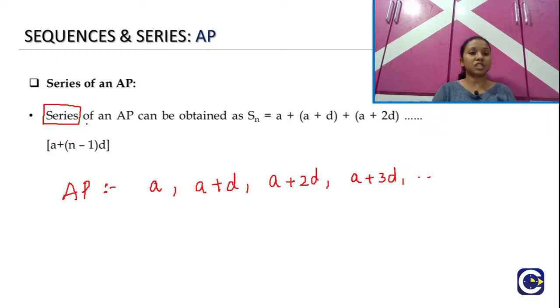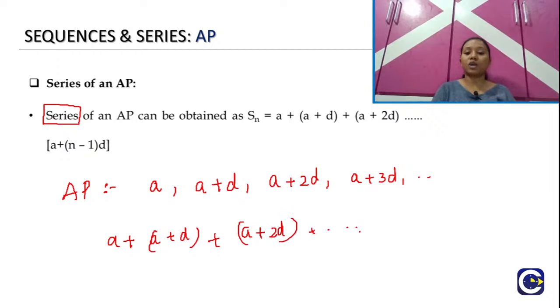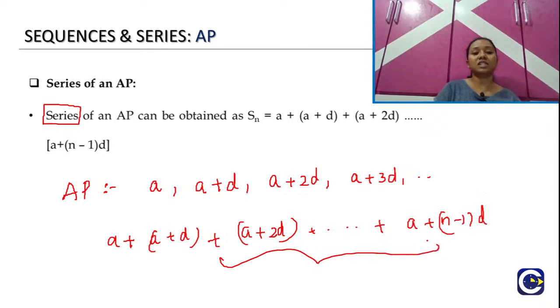Now as we are dealing with the series of an AP, series is simply the sum of all these terms, which means A plus D, A plus 2D, A plus 3D, and so on, and whatever the last term, that is A plus n minus 1 into D. So this will be my series of an AP, right?